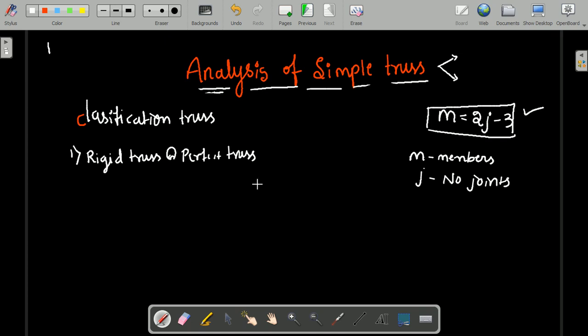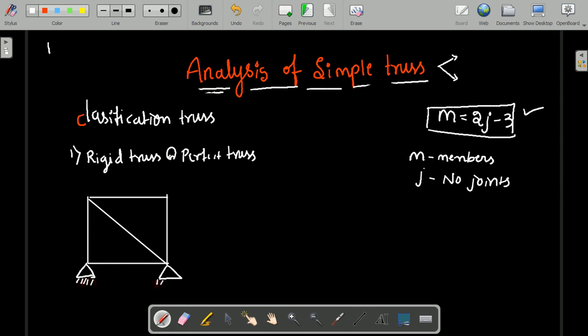I will draw a simple truss here, which has some supports. Usually trusses are supported with a pin joint, that is, a hinged support.